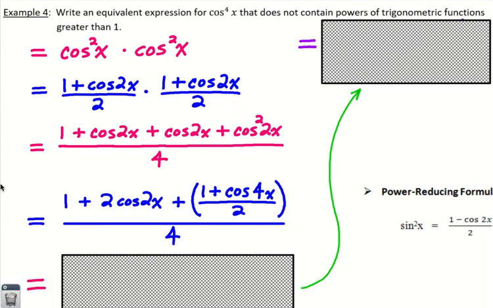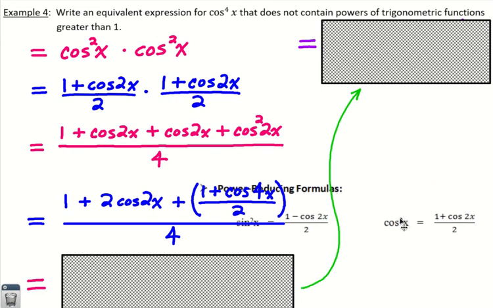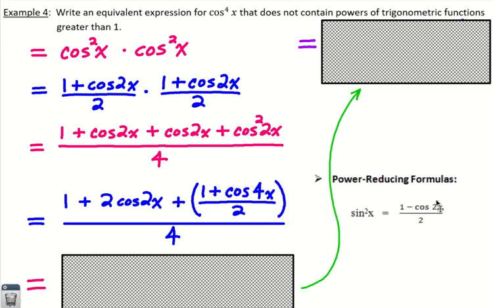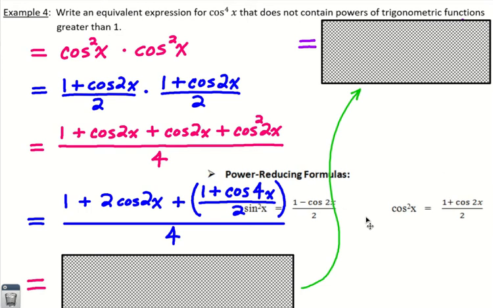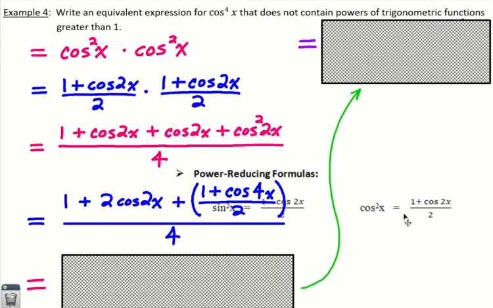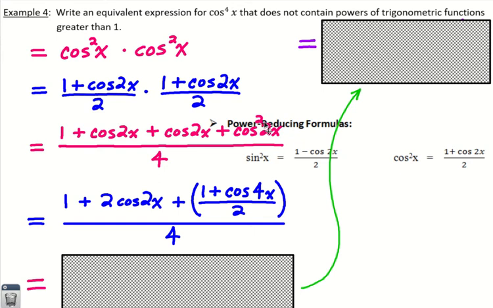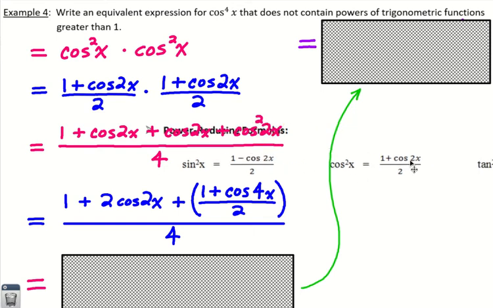So here's what happens next, people. Like I said quickly, this term and this term are like terms. They combine to be that. All right? And then this guy, I need to apply the power reducing formula again, where it's just that now I already have a 2x right here, and so when I do 2 times whatever, it's going to be 2 times 2x.